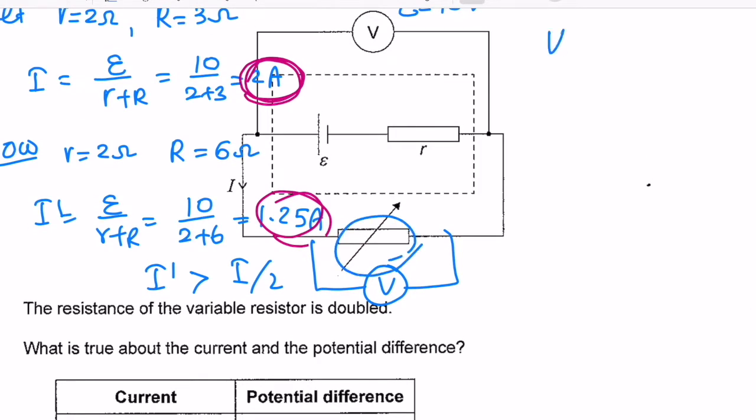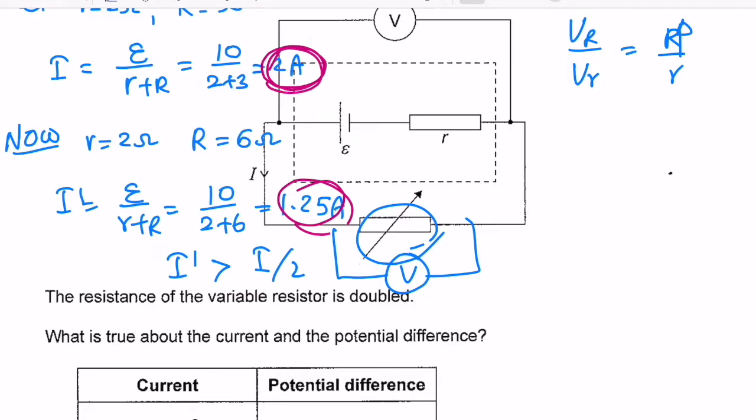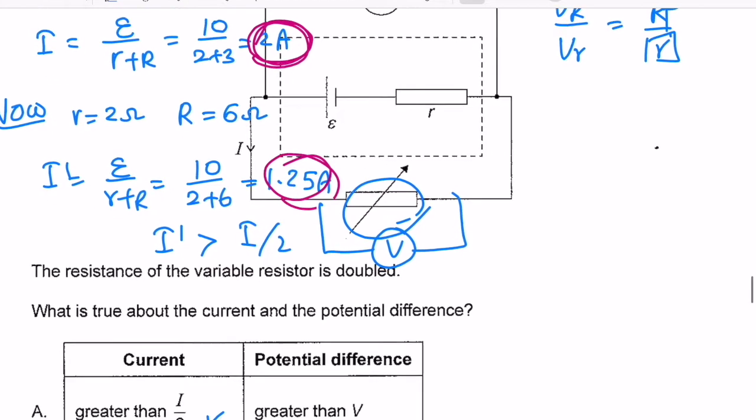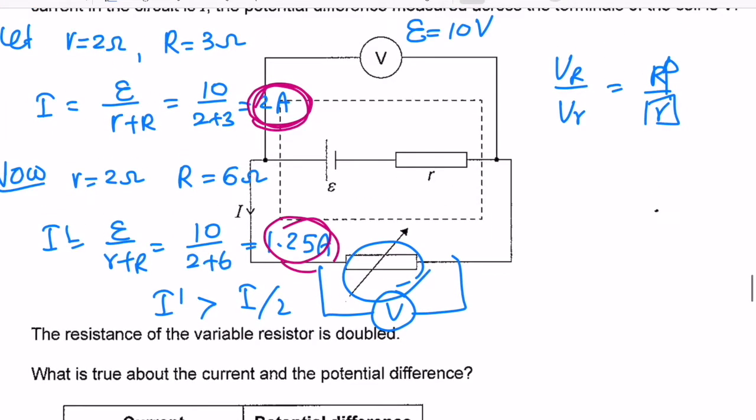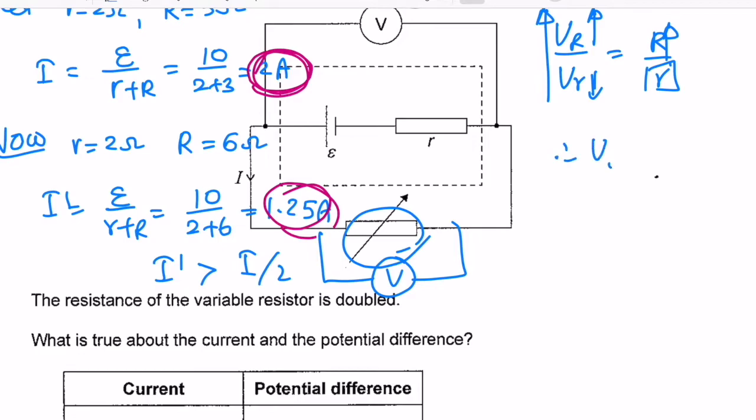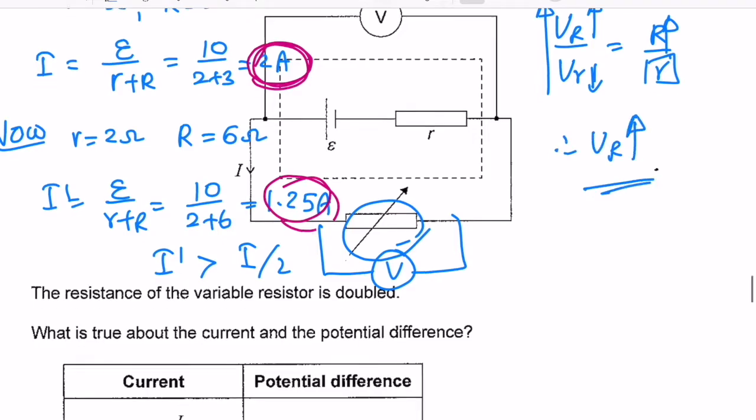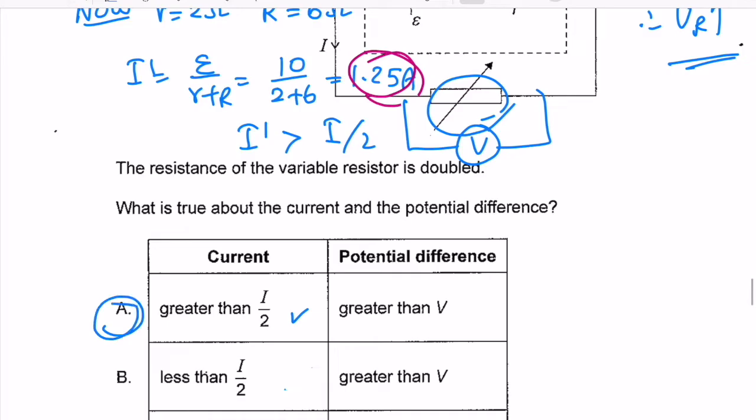Example, VR divided by V small r is R to r ratio. Now R has increased and this one does not change, so obviously this also has to increase, so by decreasing this one and increasing this one, VR has increased. So answer should be A.